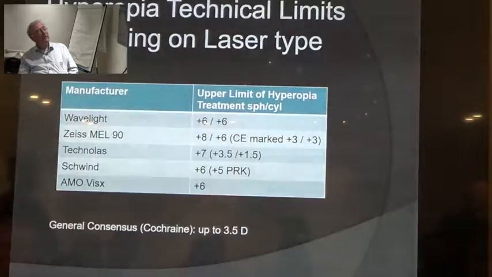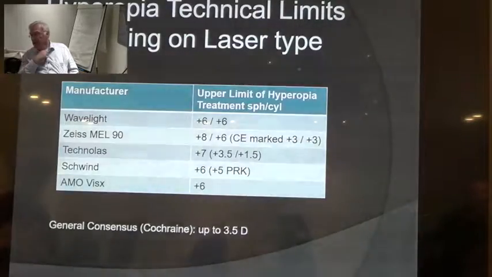And here, what we have seen on the internet, if you look in the Cochrane library, for hyperopia they say up to 3.5 diopters, but here you can see the limitations of the different companies. The Wavelight has a limitation of +6 for the sphere, +6 for the cylinder, and the plus cylinder is really a better correction than the minus cylinder.